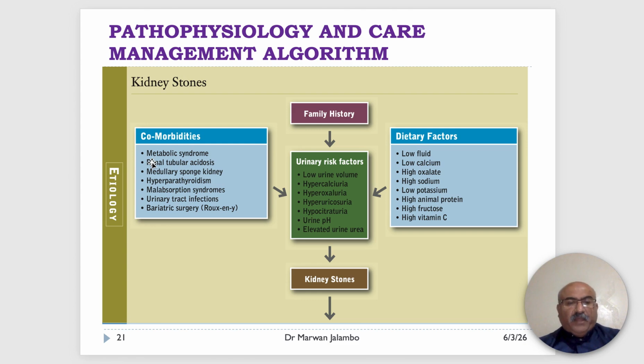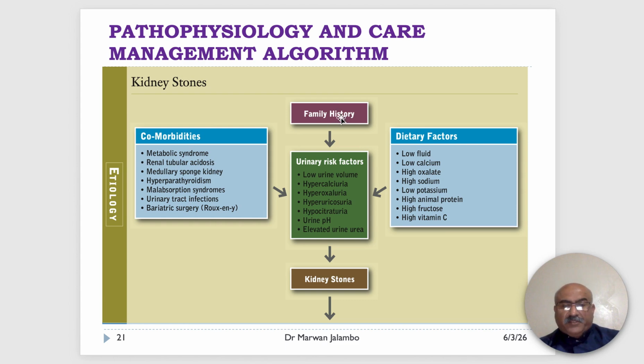The etiology, part 1, the causes. This top section explains why kidney stones form. The diagram shows that three main backgrounds funnel down to create a specific urinary risk, which ultimately causes the stone.